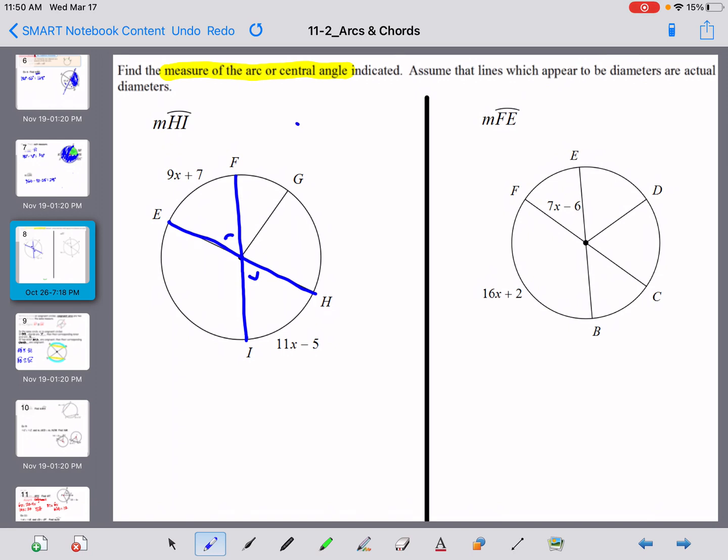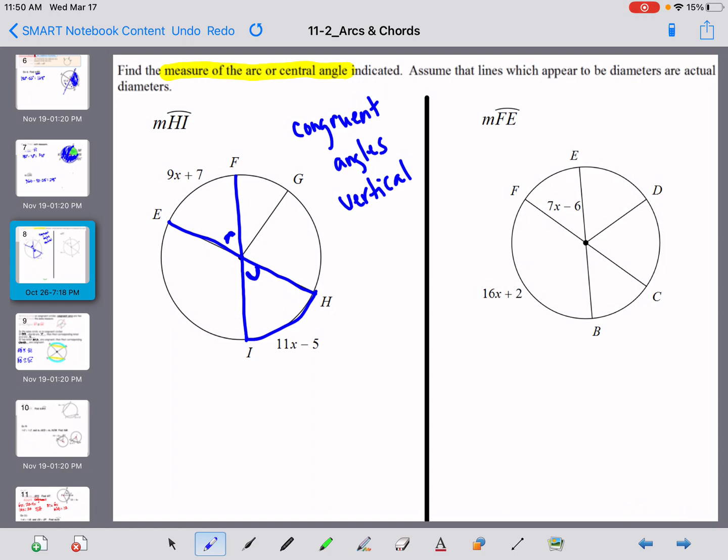They're congruent. You're absolutely right. They are congruent angles, and their type is vertical angles. So vertical angles are congruent. And these are also central angles. So central angles are congruent with their arc measure.